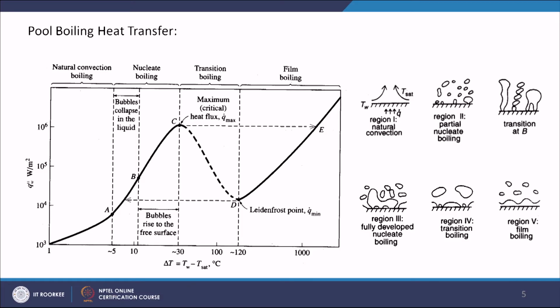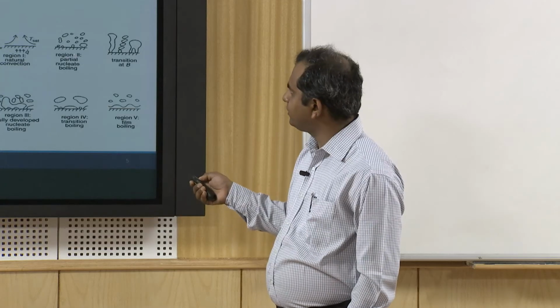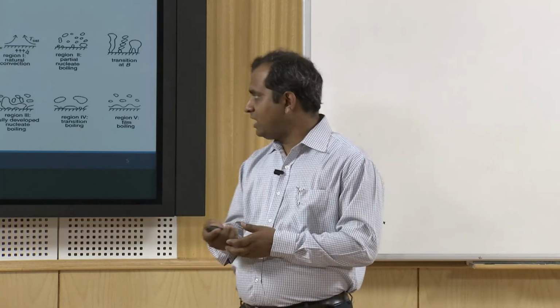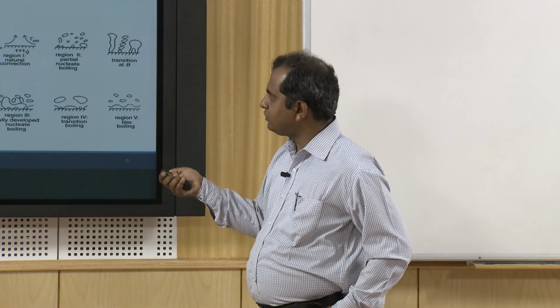Now, as you increase the heat transfer and the degree of superheat of the surface, you will find these films merging with each other, or it can start from region 2 also. Bubbles will form more in number over the surface because more and more nucleation sites become activated, and those bubbles merge with each other and form a horizontal film.